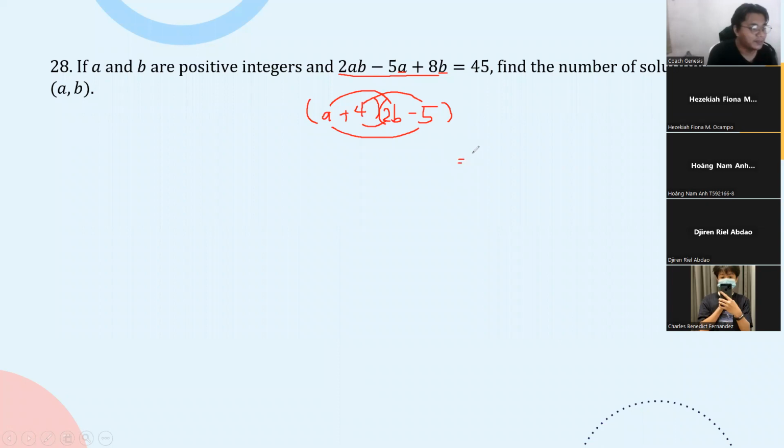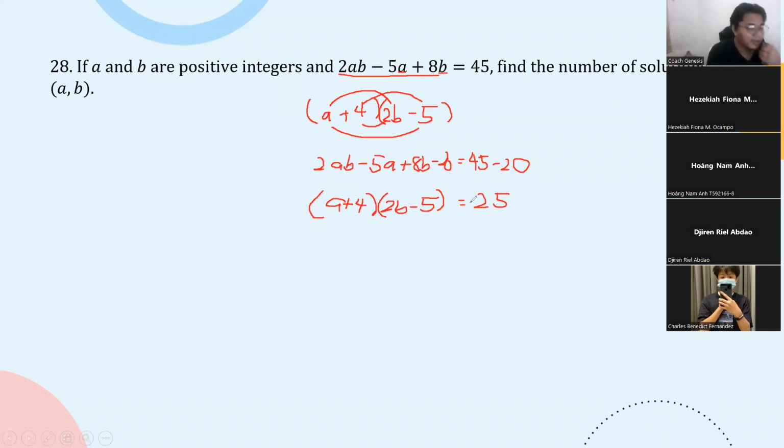So you will have 45 minus 20 and you will have here 2ab minus 5a plus 8b minus 20. So for the left hand side, you can now factor it as a plus 4 multiplied to 2b minus 5. And as for the right hand side, this becomes 25.